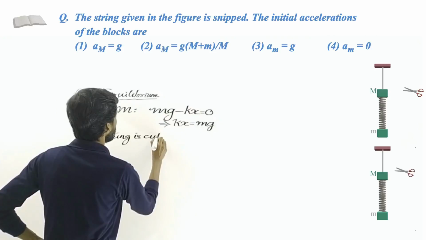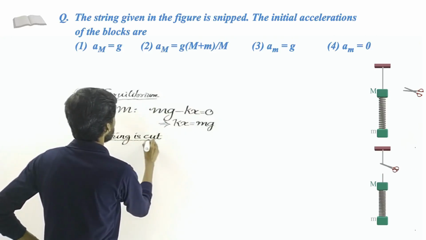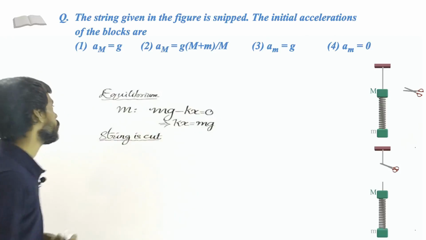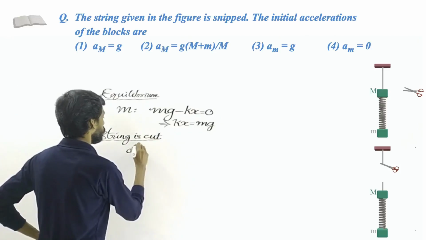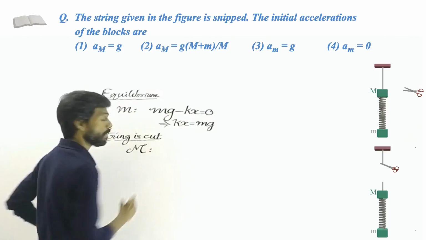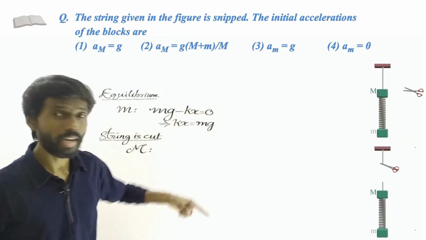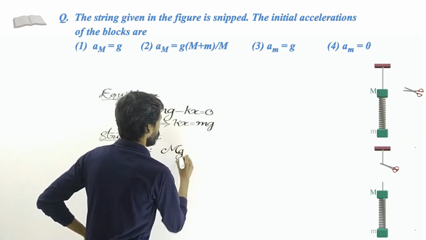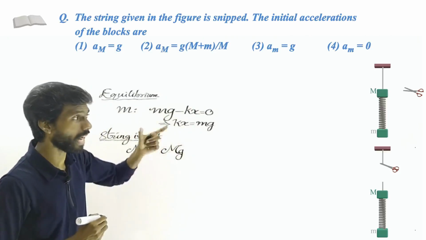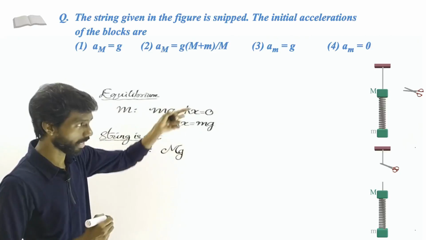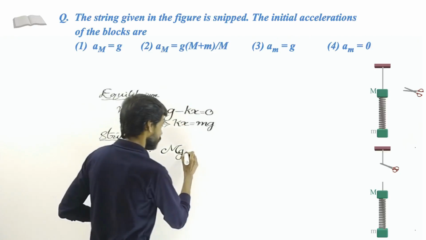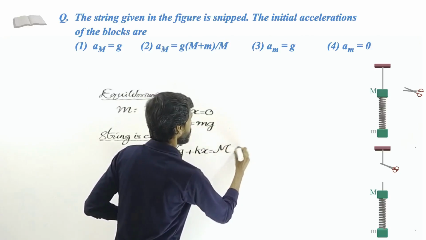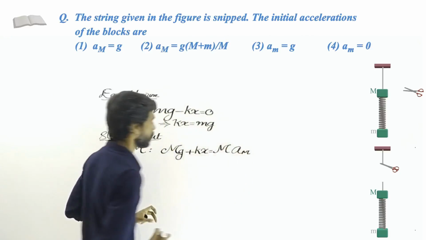Now when this string is cut, that means the tension becomes 0 immediately. So no tension force is acting on this upper block. So what are the forces acting on the block? Now we will calculate for this M. The mg, gravitation force in the downward direction, and also the spring force is also acting in the downward direction, so plus kx, that equals mass times the acceleration of that block, that is M a.